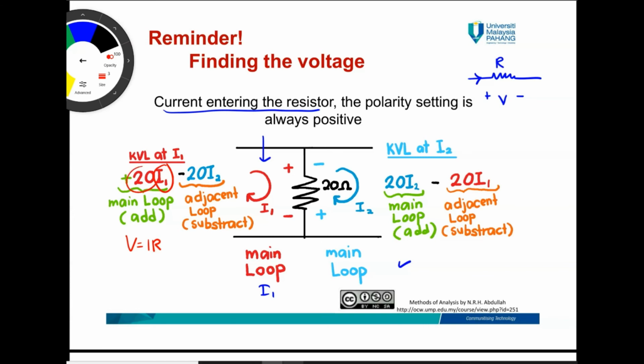At the same time, you have to consider I2, which is in the opposite direction. So to find V at the 20 ohm, you have to consider the adjacent loop, which will be subtracted. It is because in this branch, the current flowing through the 20 ohm will be I1 and I2.